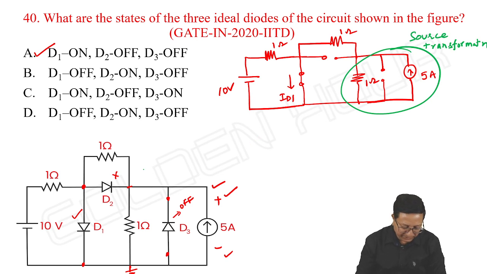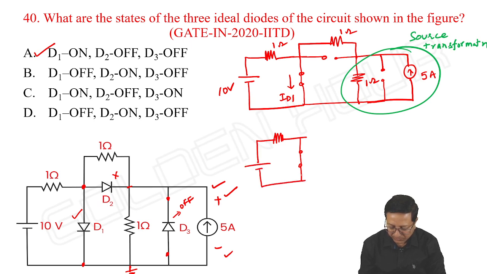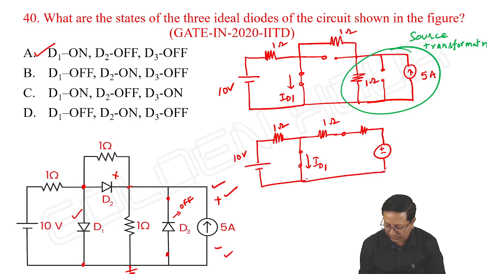Further, what we can write? Ten volts, 1 ohm, ID1, 1 ohm, 1 ohm in series with a voltage source of 5 volts. This is how we can write. And it is ground.